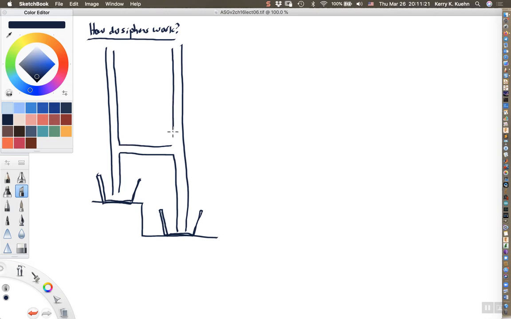You'll see why I'm doing this shortly. And moreover, there's a valve that I'm going to put right here, that we can shut or open in order to let water flow in one way or the other.